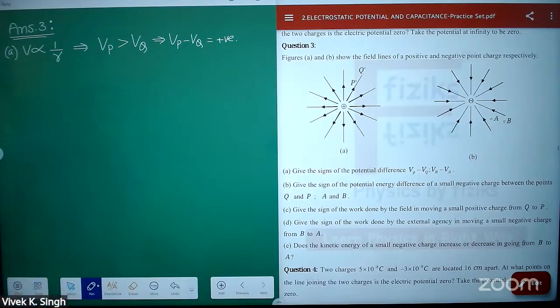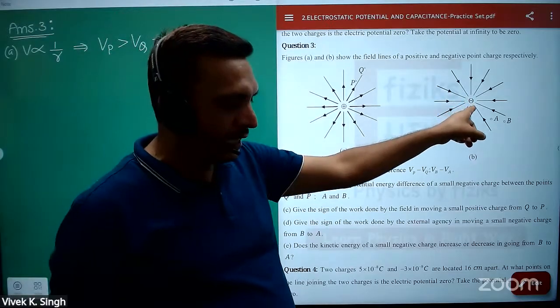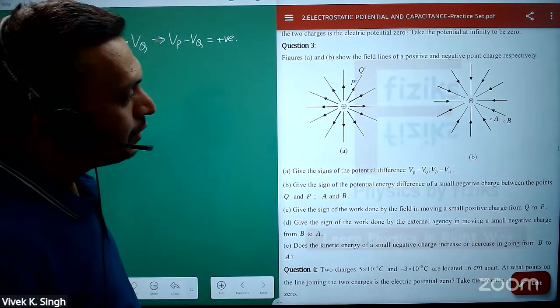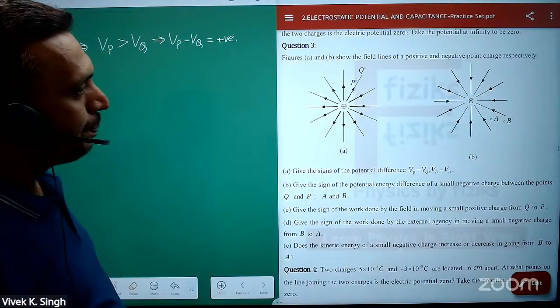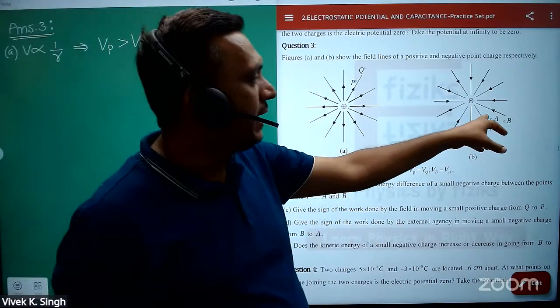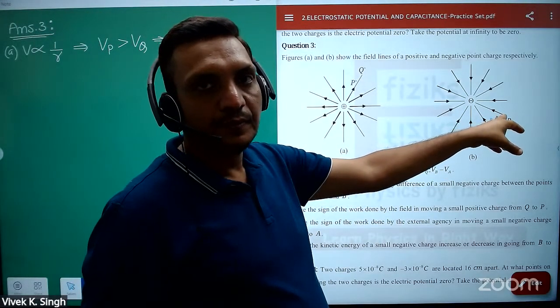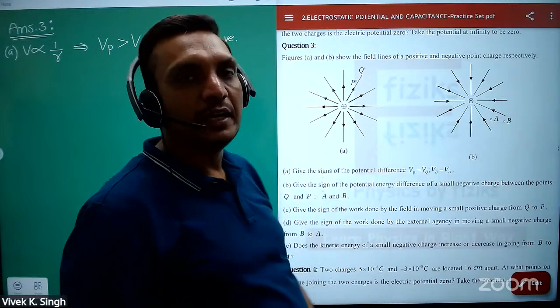Now because this charge is negative, potential at A is more negative.